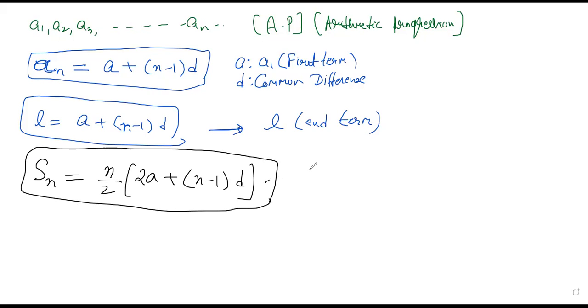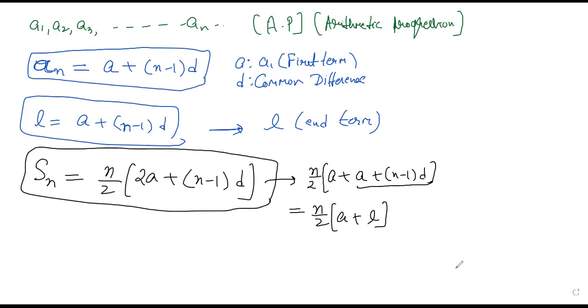If I edit this formula a little, I can write n by 2 times (a plus a plus n minus 1 d). So students, you can create a new formula: a plus, and whatever this is, L. So the new formula is Sn equals n by 2 times (a plus L).